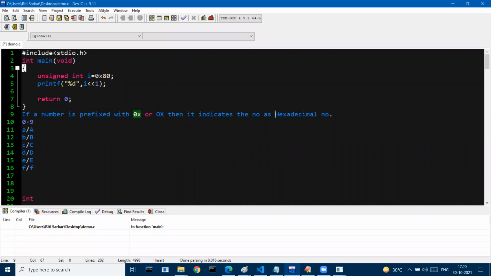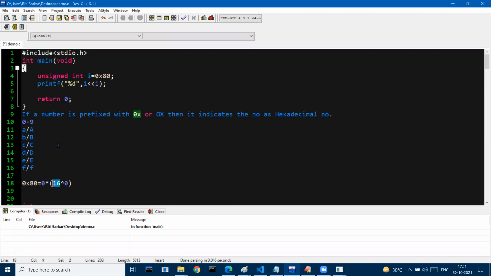How to convert hexadecimal to decimal? Very simple. Take 0x80. Now what you have to do is multiply the first digit, 0, with 16 to the power 0. Why 16, sir?